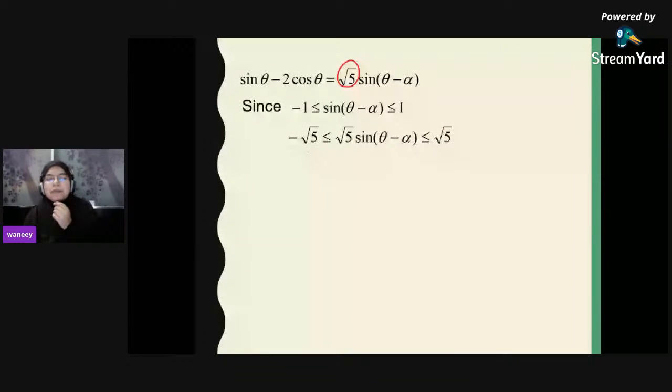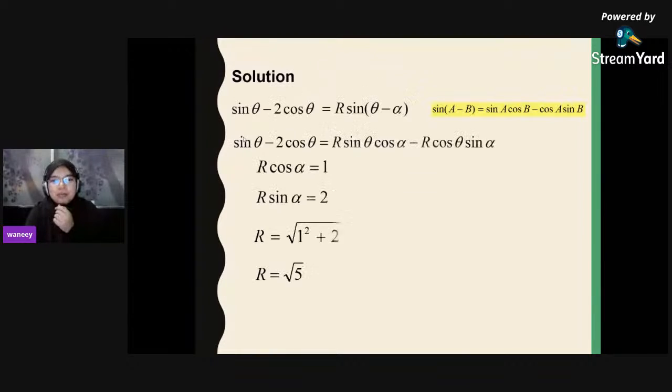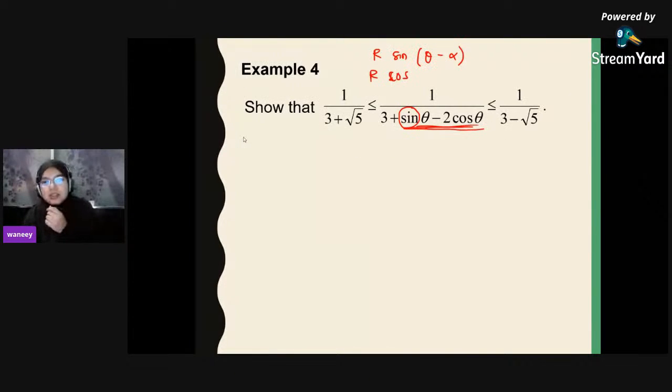Okay, so what we need to do next is that we can change square root of 5 sine theta minus alpha. This is actually sine theta minus 2 cos theta. So we are back to here. If you refer to the question, we change this part, sine theta minus 2 cos theta.